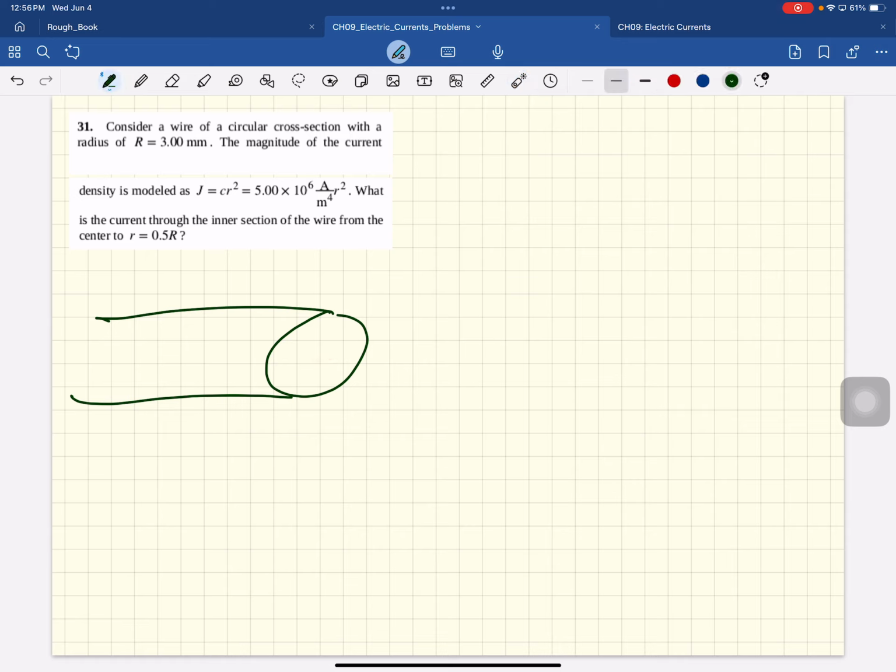Okay? So there's zero current density here at the center, and the current density is like this.